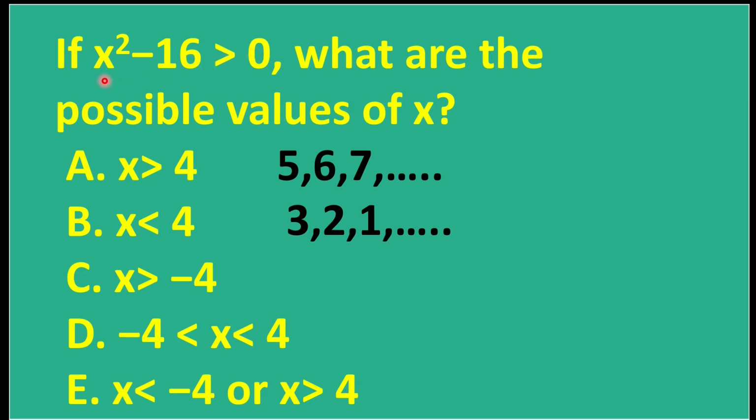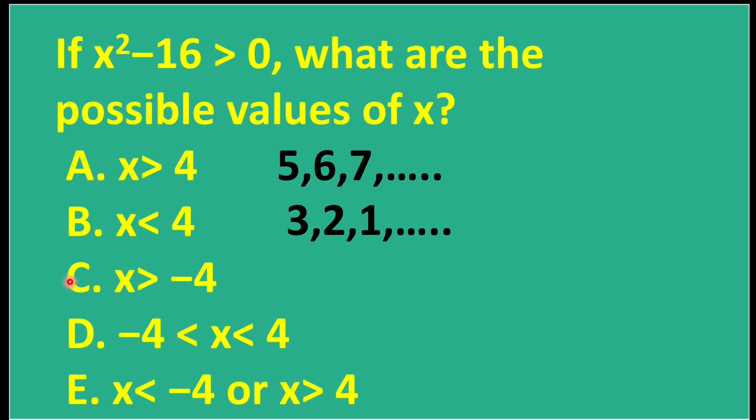Therefore, I have taken the whole number. So let's say if we put 3 over here, it will become 9, and 9 minus 16 is not greater than 0. So it means that if we put 3, 2, 1 according to this option, in which x is less than 4, this option is wrong. So we eliminate this option.